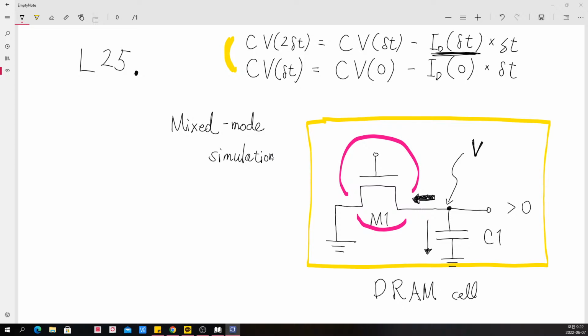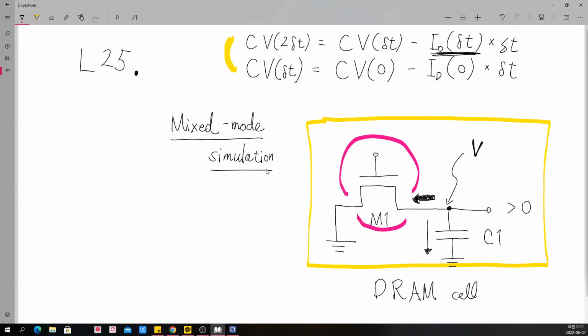So from my point of view, the mixed mode capability is quite important for a realistic device simulator. So today we will talk about how we can implement this mixed mode simulation.